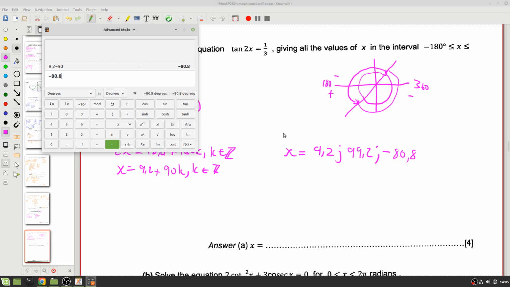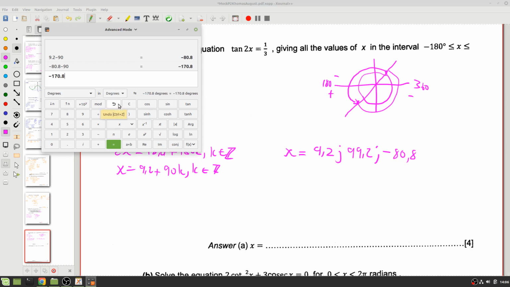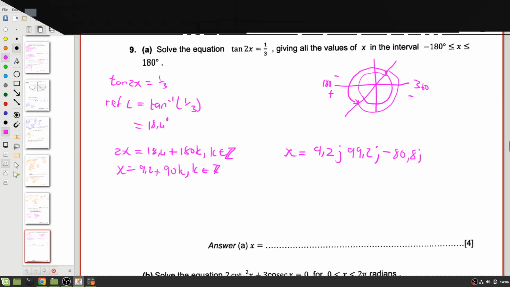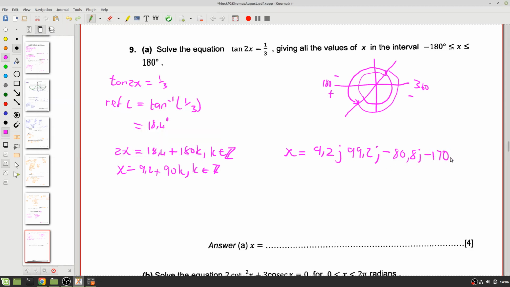That's right. And then let's subtract another 90. Minus another 90, you get negative 170.8. So that's still also fine. Negative 170.8 is still between negative 180 and 180. If we subtract another 90 from here, we get negative 200 and something. That's too small. So these are all the values we want.